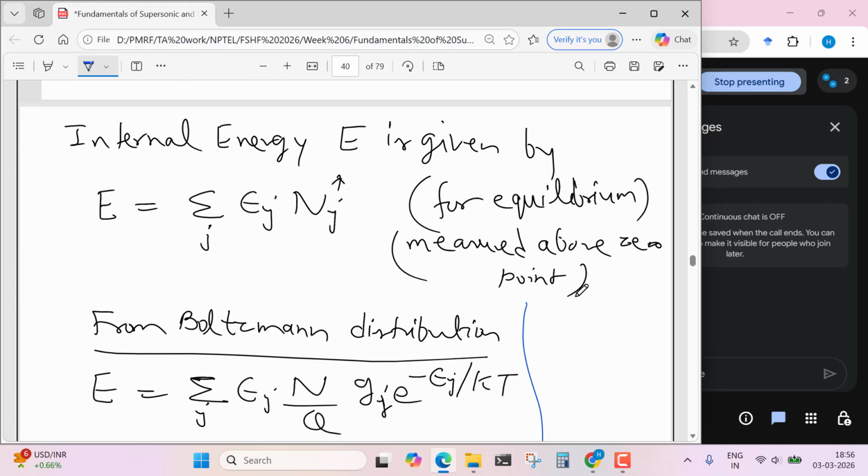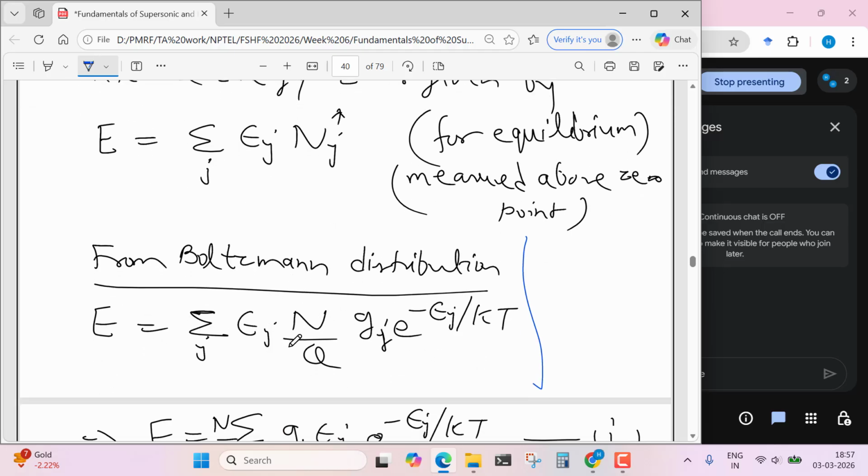So now we will see from Boltzmann distribution. nj star is given by n upon q gj e to the power minus epsilon j upon kT. So E will be equal to sigma j epsilon j n upon q gj e to the power minus epsilon j upon kT.